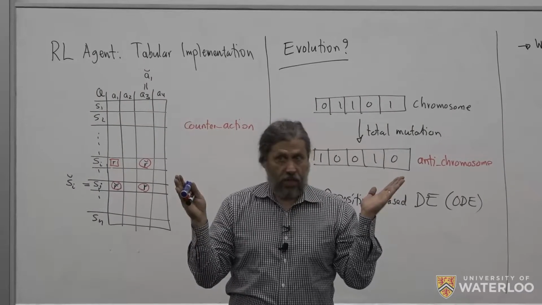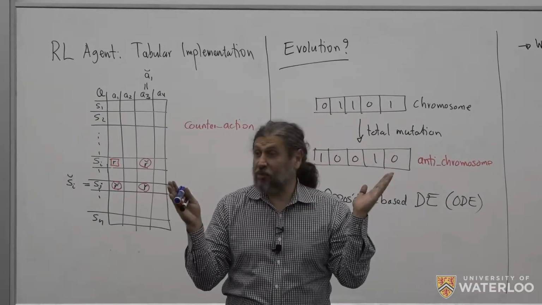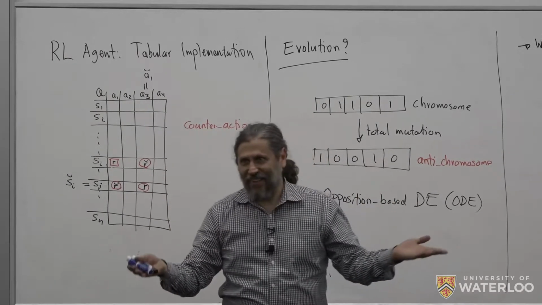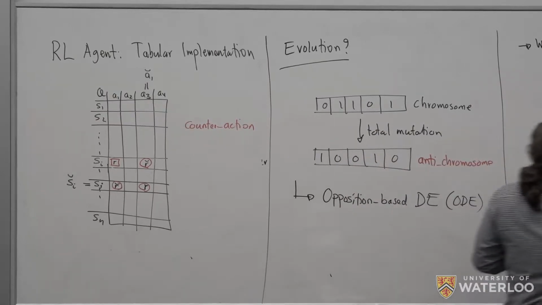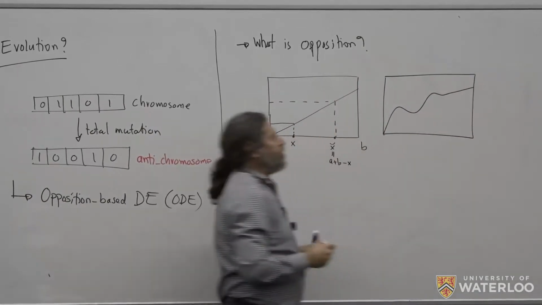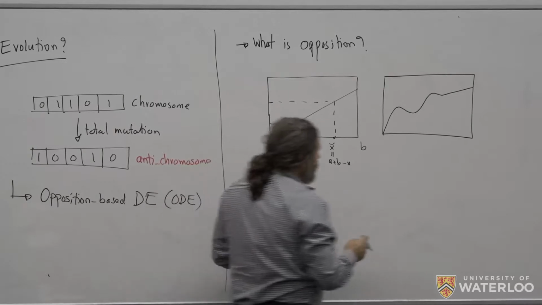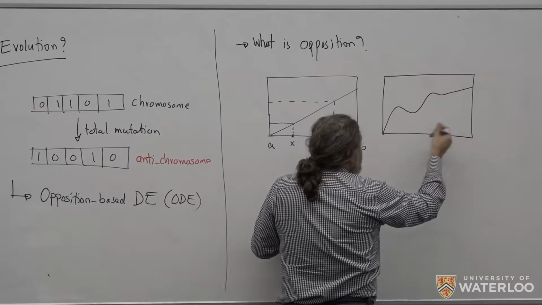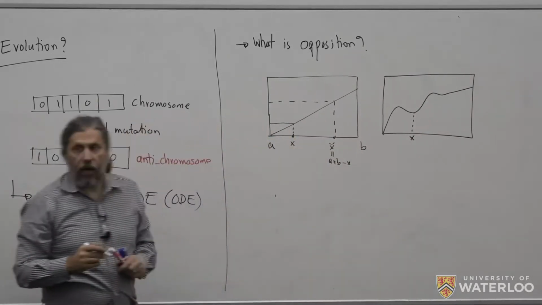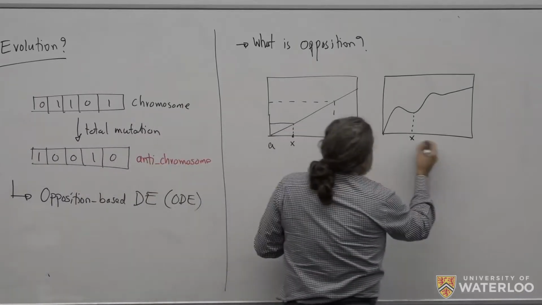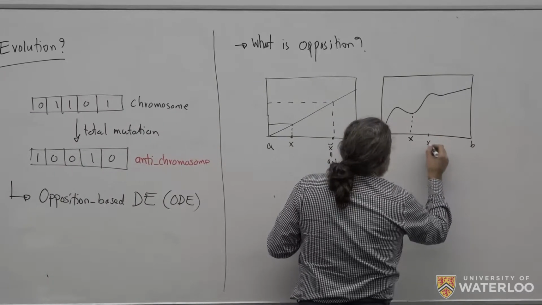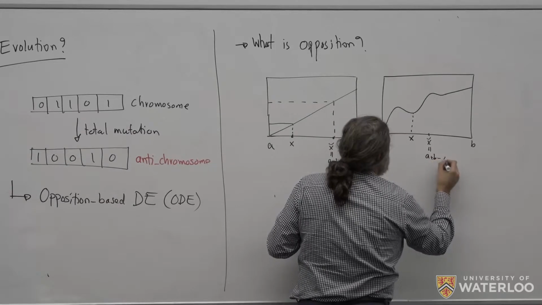Yeah, but my problems are nasty and nonlinear. That's the reason that most of the time the overhead that you pay for generating opposite x and comparing them is useless. Why? Because the function that you have is something like this. If I grab this point, what is the opposite of that? Again, this is A, this is B, and the opposite of x is A plus B minus x.